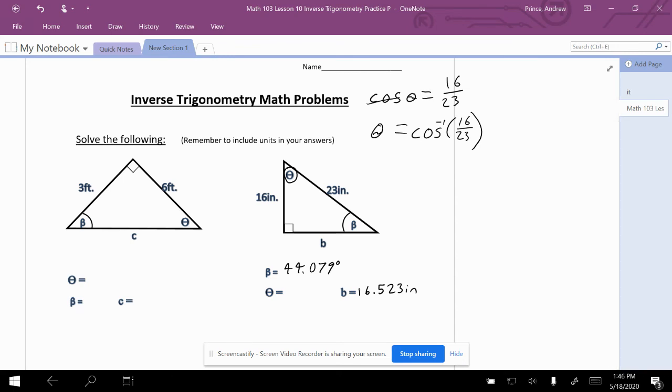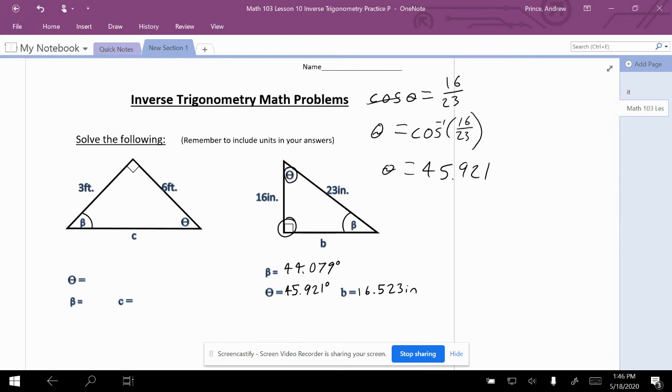And that gives us theta equals 45.921. So if we want to verify our work, we can use our 180-degree triangle rule. And we know that this angle is 90, B is 44.079, and theta is 45.921.